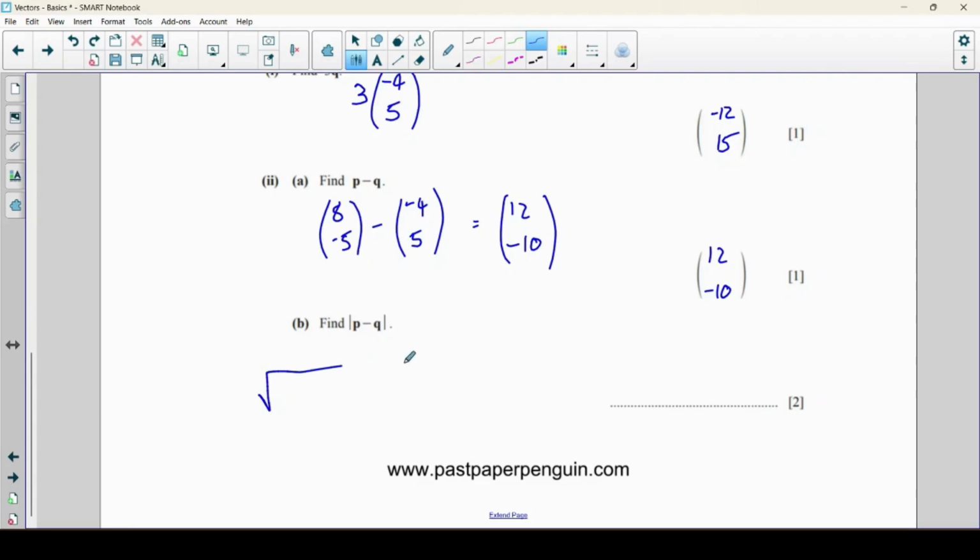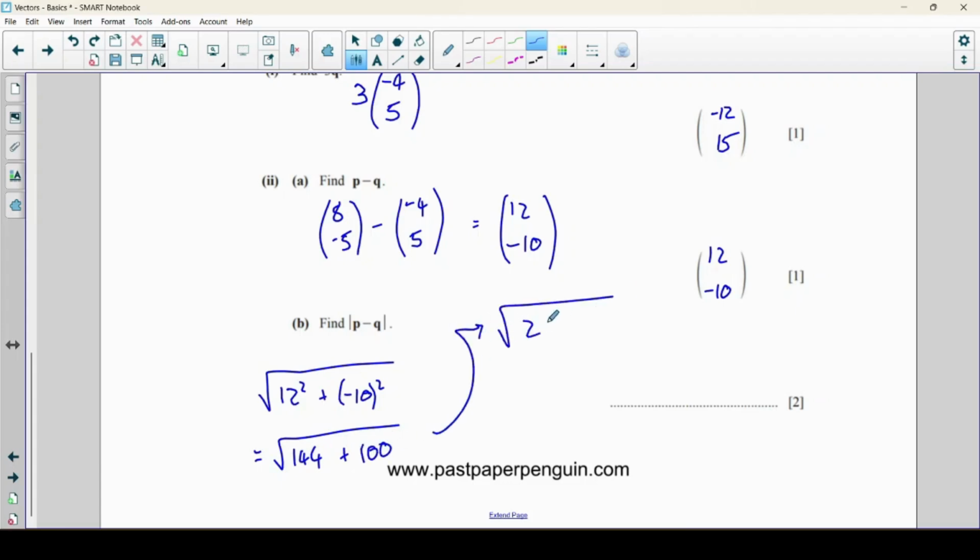So again, using Pythagoras, it's the square root of 12 squared plus minus 10 squared. So that's 144 add 100, so that is the square root of 244. Again, I can see that this is divisible by 4. I don't know if it's divisible by anything bigger, so we'll do at least that 4 first.